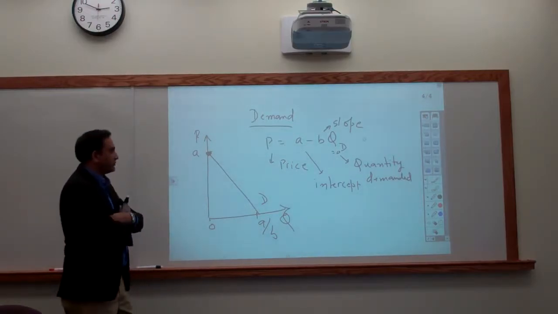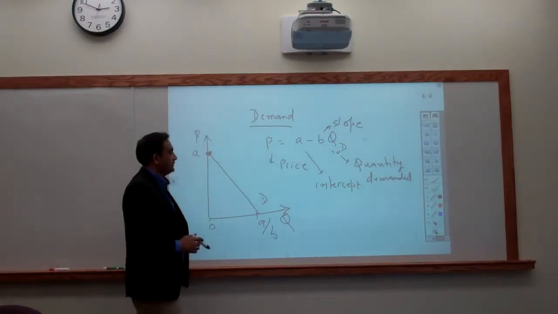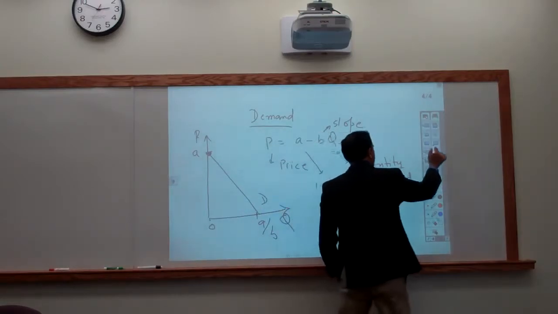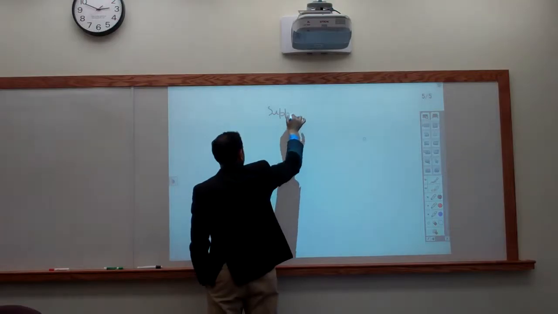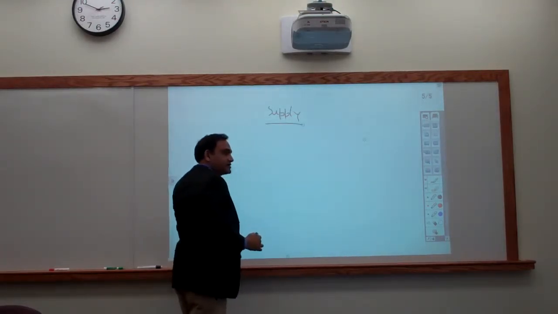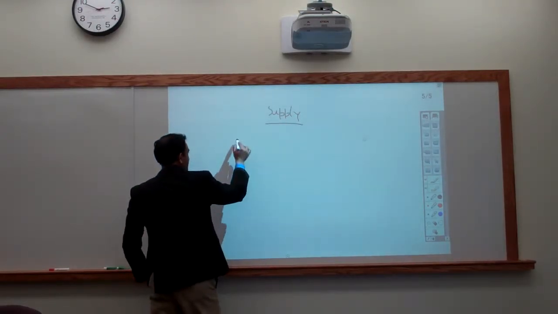Next, let's talk about the supply curve. So let's go to the new slide. I'll do a numerical exercise as well. So supply is the relationship between price and quantity supplied.